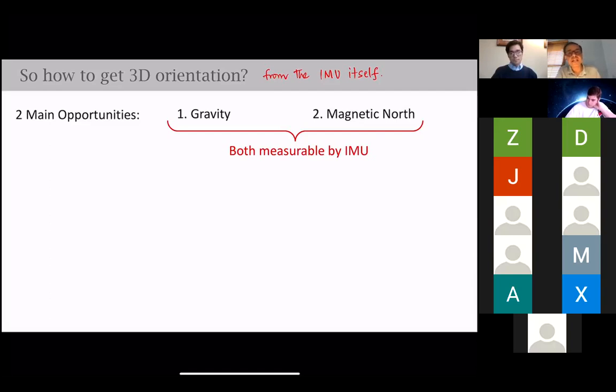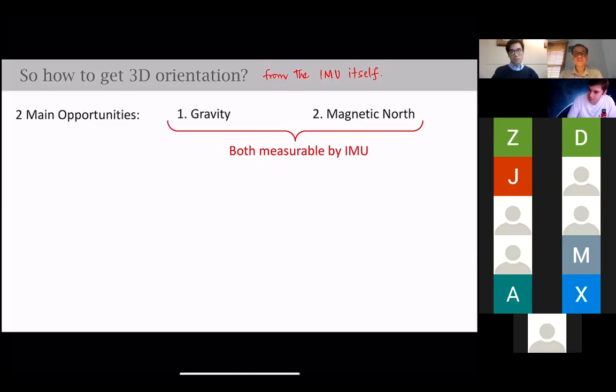Similarly, magnetic north should be pointing towards the North Pole. But in your phone, when you measure magnetic north, if it says that magnetic north is exactly on the x-axis or on the y-axis or some 45 degrees from x and y axis, right? Meaning you see some projection of magnetic north on x and some projection on y.